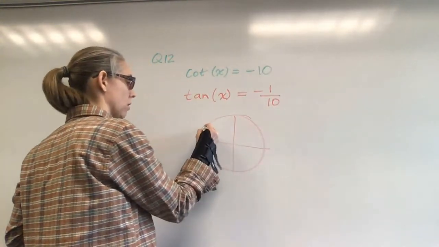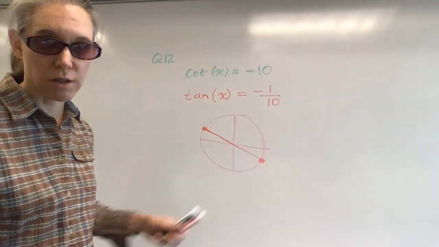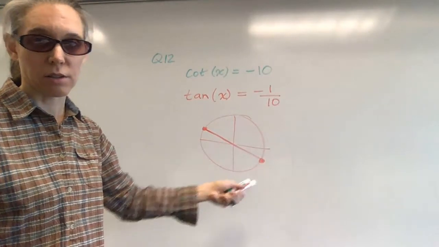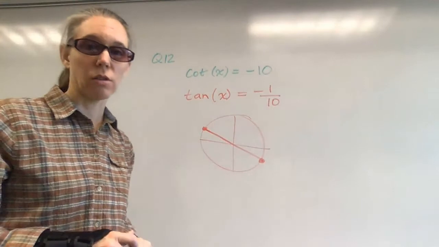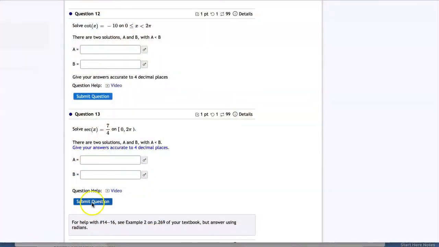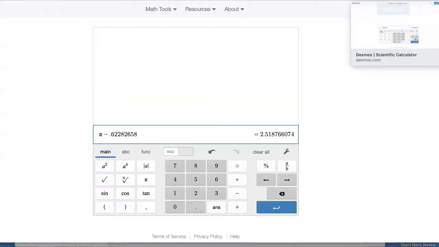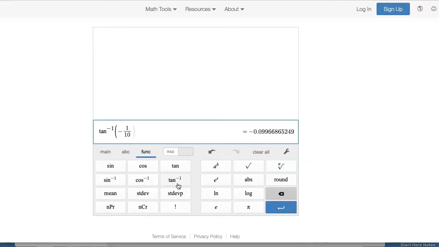So next we want to think about where we have negative tangent values. Negative tangent values occur in the second and in the fourth quadrant, and they are 180 degrees apart from each other, or pi apart from each other, depending on if you're in degrees or in radians. And in this particular problem, we are in radians. So we go over to the scientific calculator, and we want to go to arctan, and we need to do negative 1 over 10.